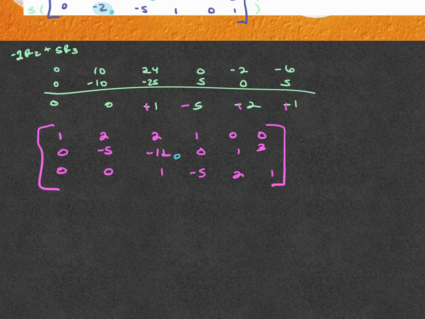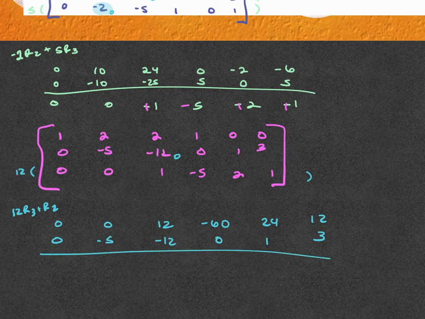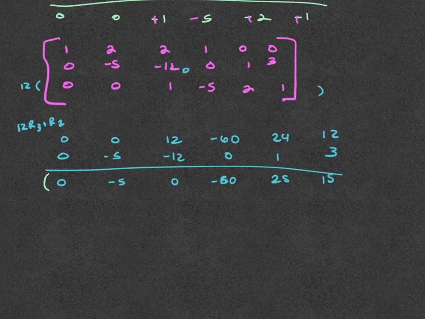So I got to work with the zeros on the way up. So if I want a 0 where that 12 is, I can multiply row 3 times 12 and add it to row 2. And then I can even do the 1/5 now, the -1/5, to make that a 1.